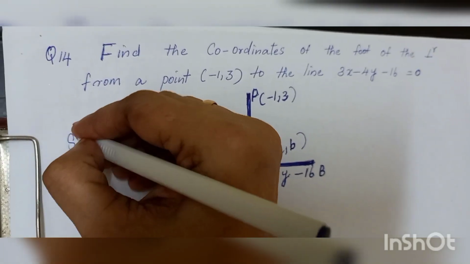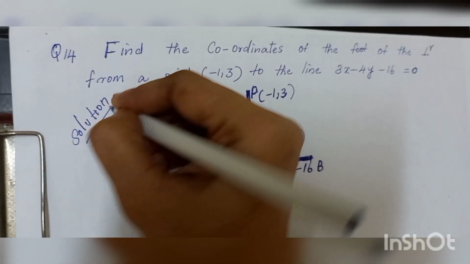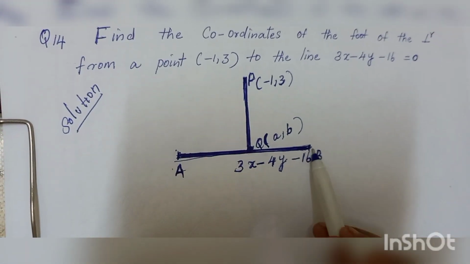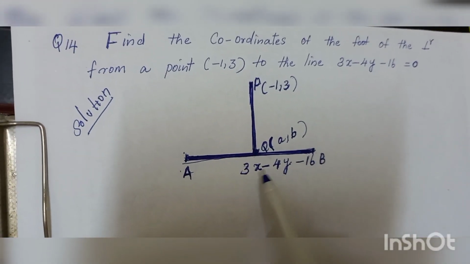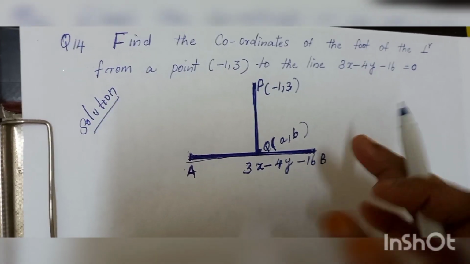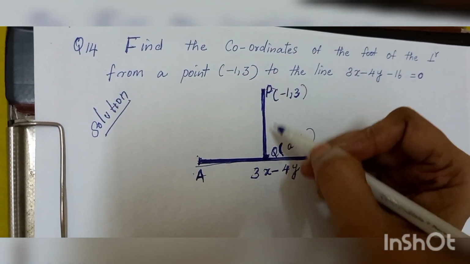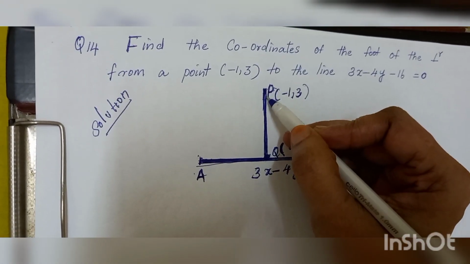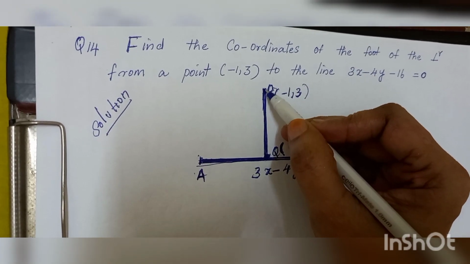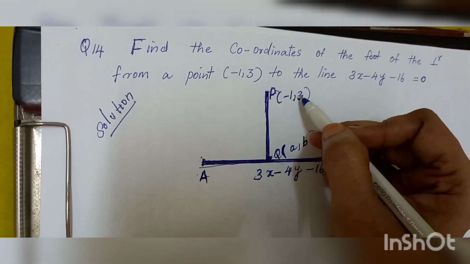Solution. So this is the line. What is the equation of this line? 3x minus 4y minus 16. This is the equation of the line. A perpendicular line, that is PQ. This perpendicular line PQ passes through the point (-1, 3).